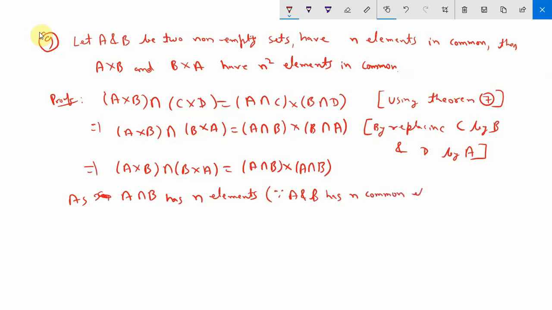So (A ∩ B) × (B ∩ A) has n square elements.